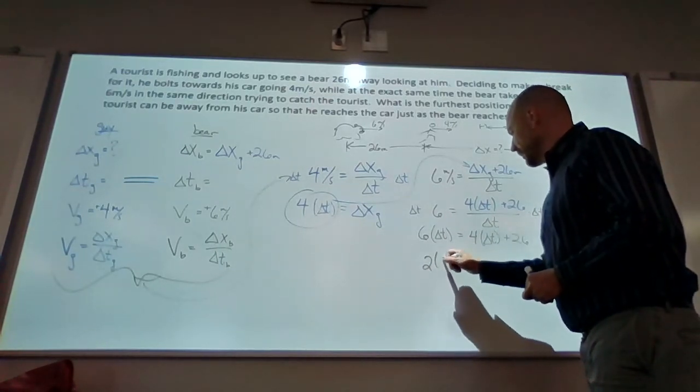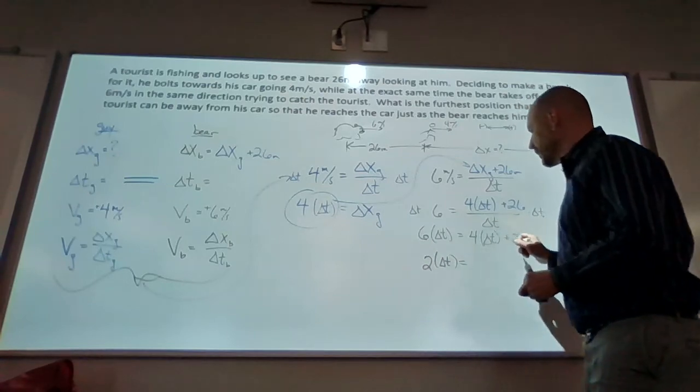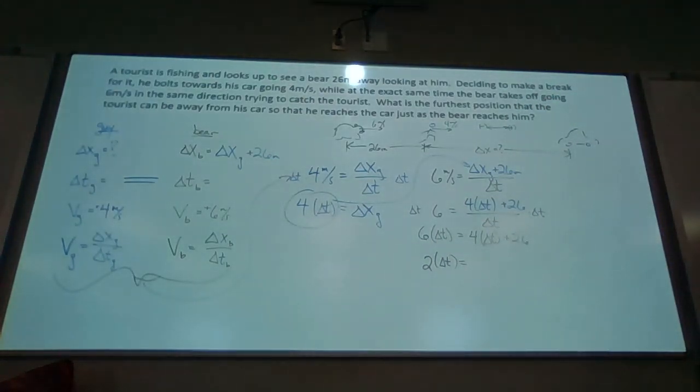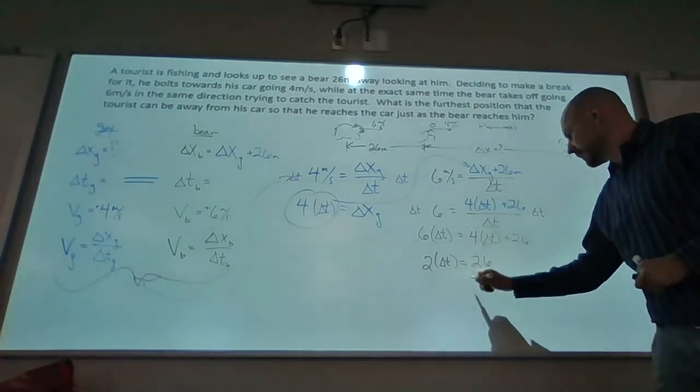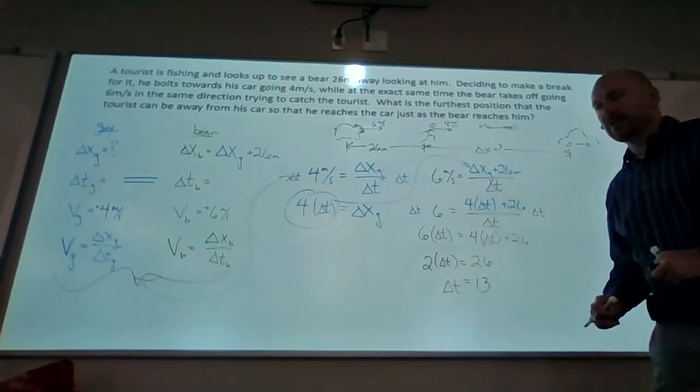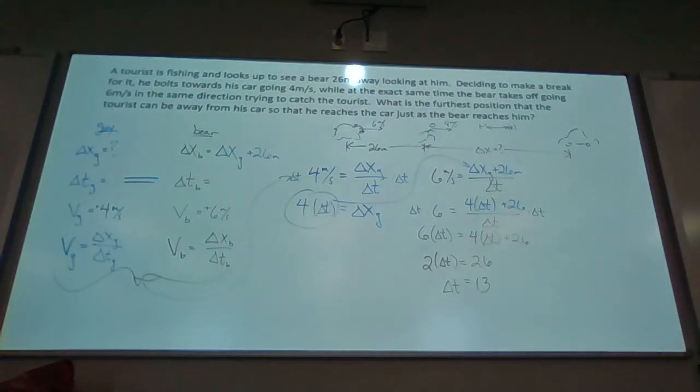So 2 delta t, I subtracted 4 delta t on both sides, is equal to 26. And then divide by 2, 13. Is that my answer? What is that? That time. Oh, how do I find my answer?